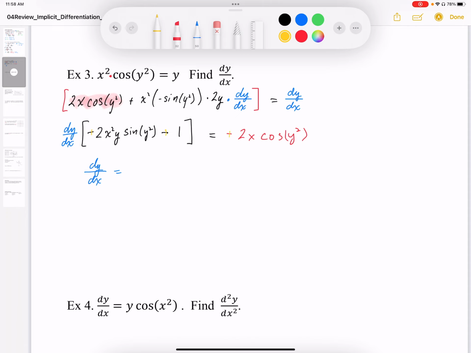So my derivative works out to be 2x cosine y squared in the numerator, and in the denominator is going to be 2x squared y sine of y squared minus, oh sorry, that's going to be plus 1. Okay, so that represents the denominator of that derivative.